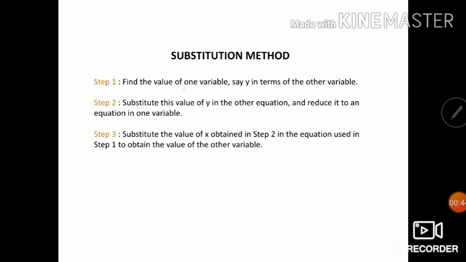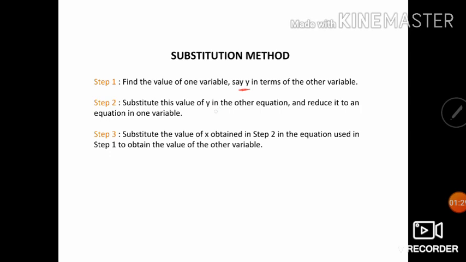Now let's see the steps. Using any one of the equations, you will find the value of one variable in terms of the other, whichever is convenient. You can find y in terms of x or x in terms of y. Then let's say you found the value of y from the first equation, substitute this value of y in the second equation. This reduces the second equation to an equation in one variable, which is easy to solve.